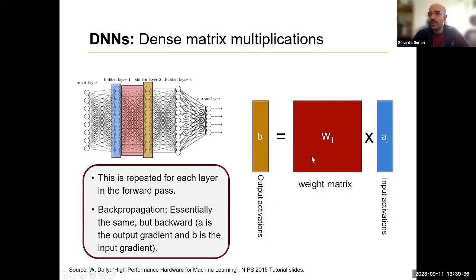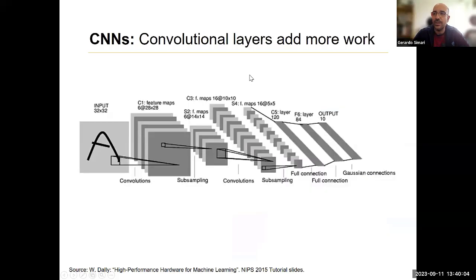You have to do a multiplication to get the output activations out of the input activations and the weight matrix. So the colors here are mapped. What you get to the right, this vector to the right, is essentially the multiplication of this blue vector and the red matrix. And for back propagation, this is essentially the same, but in the other direction. So you have to do all this math all over again.